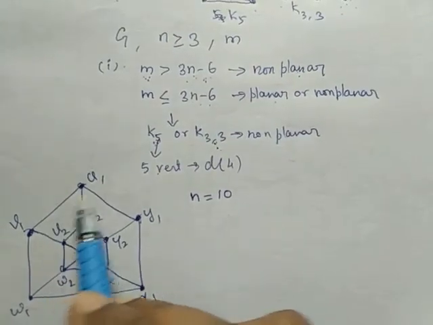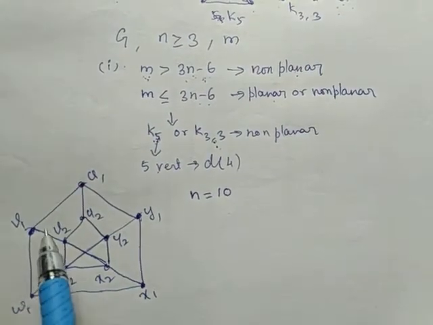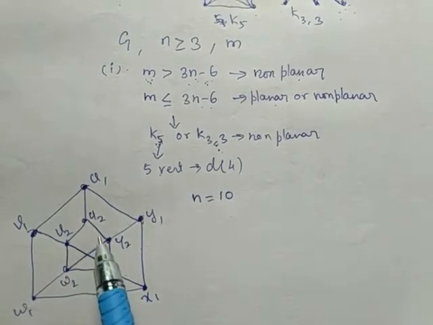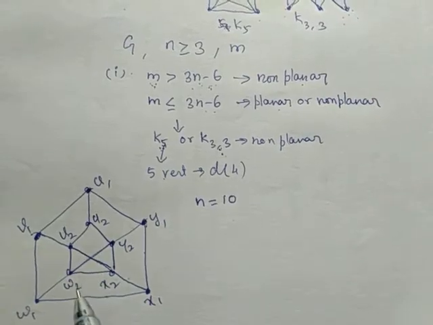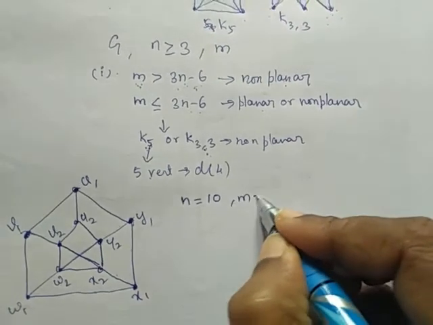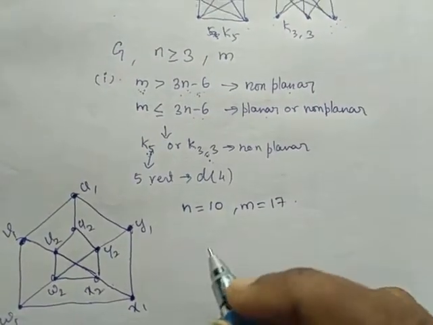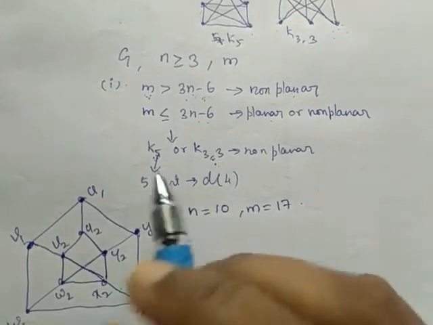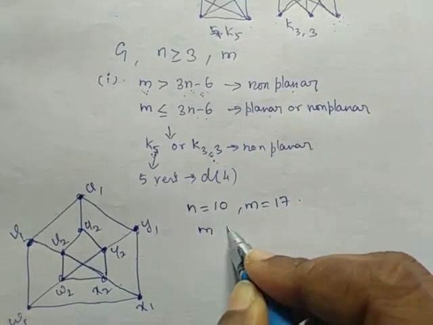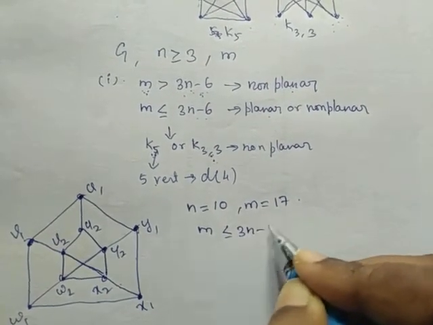It has 1, 2, 3, 4, 5, 6, 7, 8, 9, 10, 11, 12, 13, 14, 15, 16, 17 edges. So very first thing, we will check whether m is greater than 3n minus 6 or not.